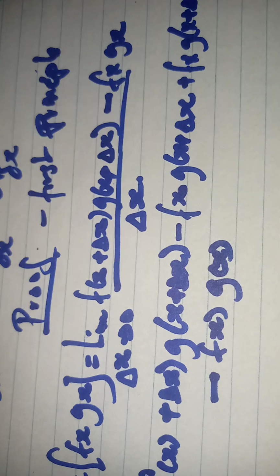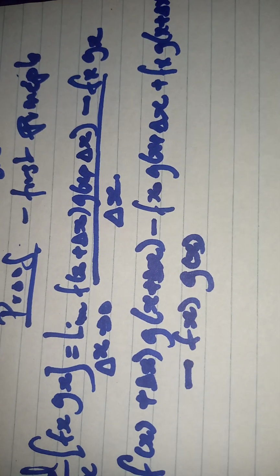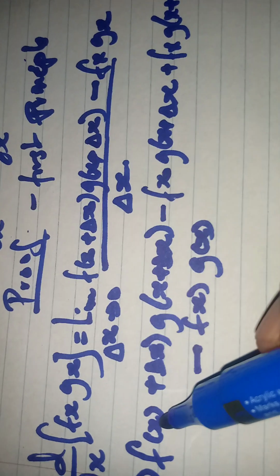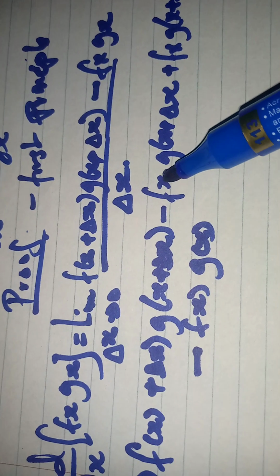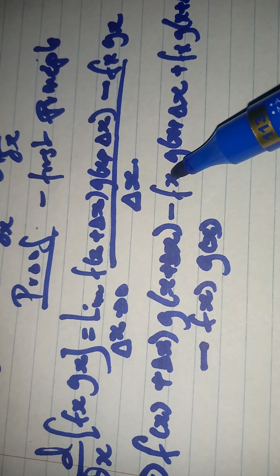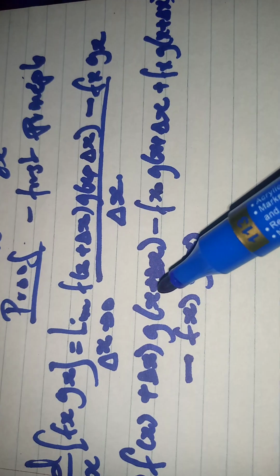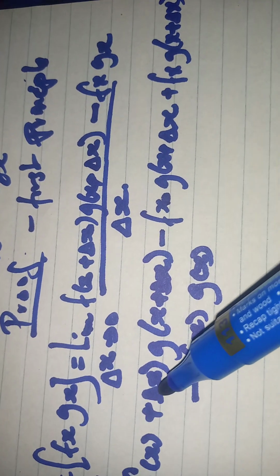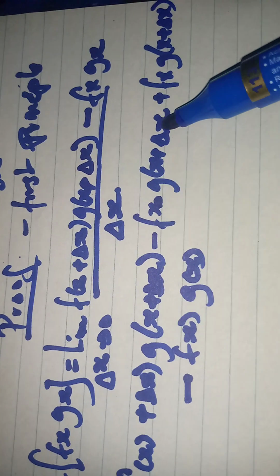I can now factorize what is common. Here I have f of x and here f of x, and I also have the small change in x here and here.